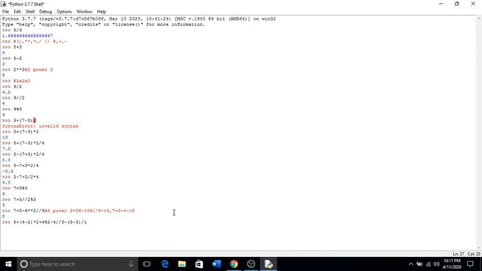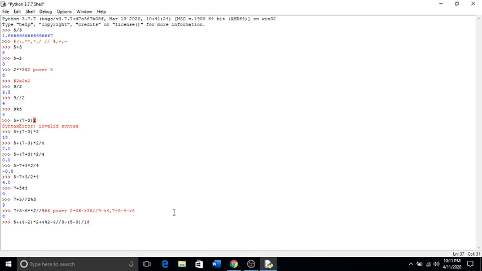I'll give some time. You just think what will be the answer. 5 plus 4 minus 2 into 2 plus 4 mod 2 integer division 3 minus 5 minus 3 divide by 1. Check the answer.